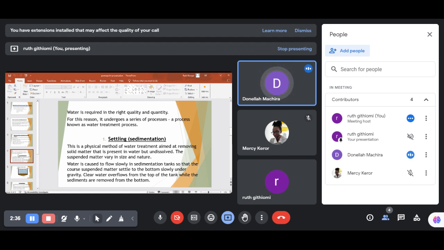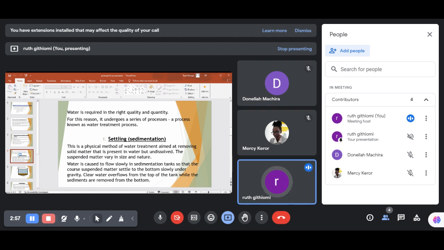The suspended materials vary in size and nature. Water is caused to flow slowly in sedimentation tanks so that the coarse, suspended matter settles to the bottom slowly under gravity. Clear water overflows from the top of the tank while the sediments are removed from the bottom.